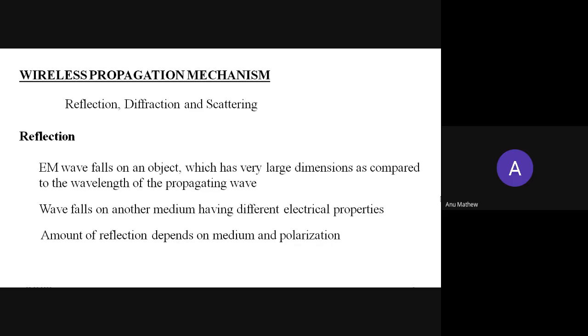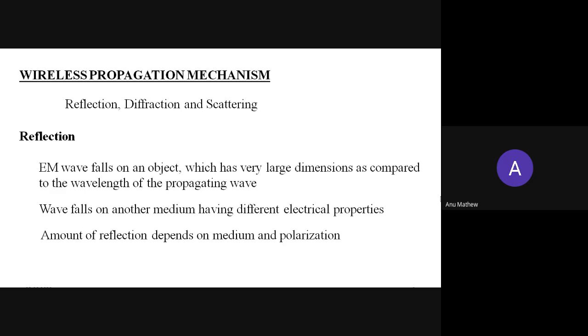So when the electromagnetic wave falls on an object which has a larger dimension than the lambda value of the electromagnetic wave, a reflection will occur. When a radio wave falls on another medium having different electrical properties, a part of this radio wave is transmitted into it, and some part of the energy is reflected back.